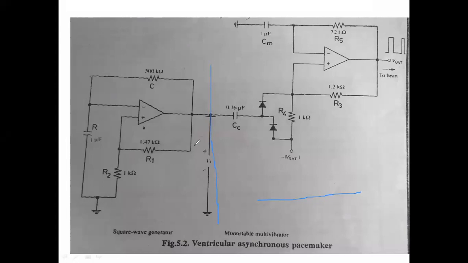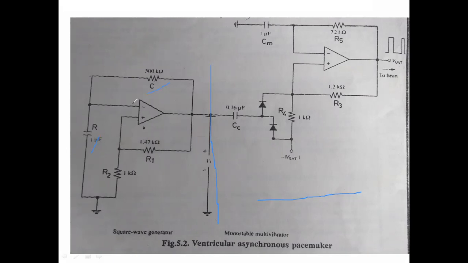The square wave generator produces the output in the form of square wave pulses, and it is nothing but an astable multivibrator. It produces the square wave pulses based upon the values of R and C.